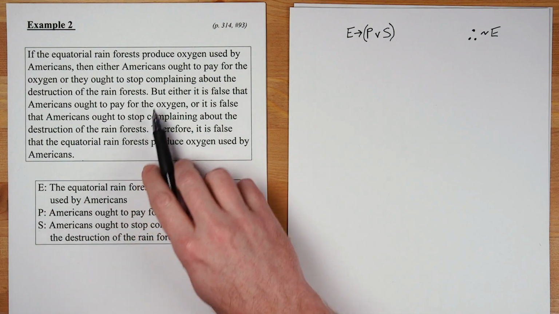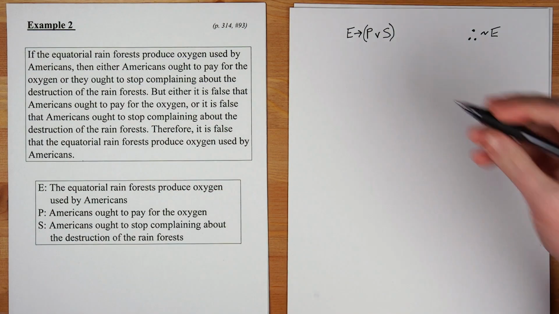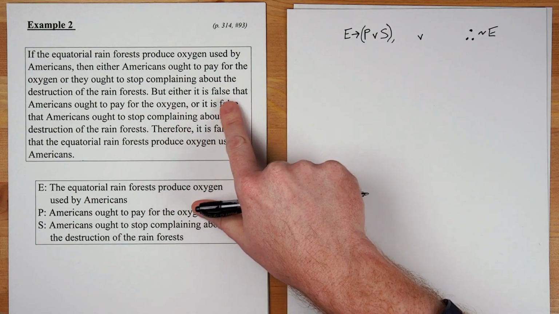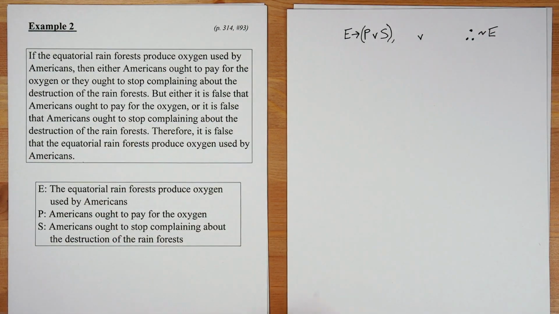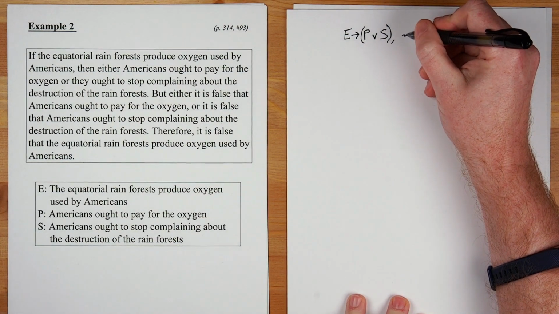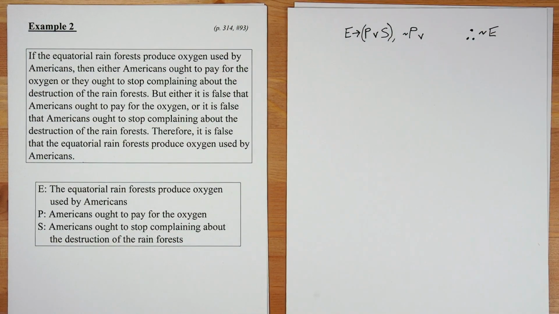Ignoring but, we see either. So we know we're going to have another disjunction and we can write a V. We have either it is false that Americans ought to pay for the oxygen. So on the left side of our V, we'll write tilde P, since it is false that is a negation of P. Next we have, or it is false that Americans ought to stop complaining about the destruction of the rainforests.